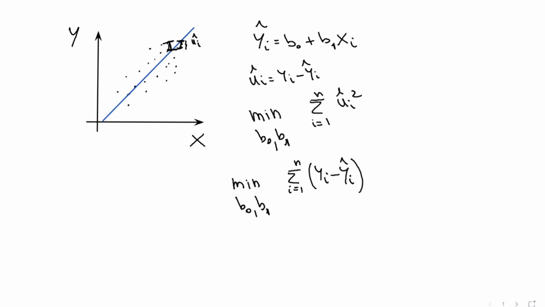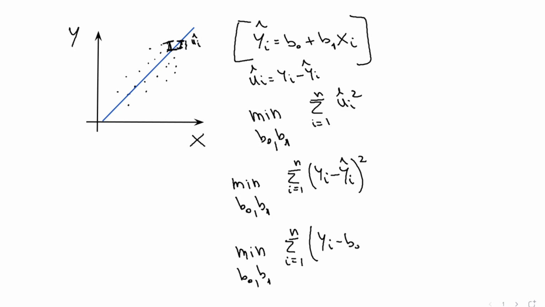And then all that we have to do is replace this predicted value of y with our definition for the predicted value of y, which is just the line, b0 plus b1 times xi. So we're going to be choosing b0 and b1 to minimize this sum. I'm sorry, I forgot a square here. To minimize this squared distance between the true y and whatever I predict y should be based on x.